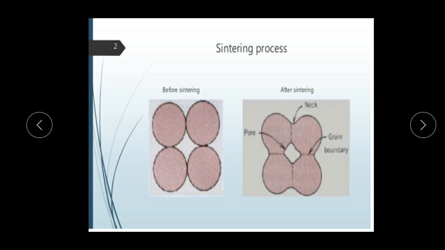In between these four atoms, at the middle, this point of contact is called a pore, and this is called a neck. In between the two lines there is a boundary line that is called a grain boundary, or GB, grain boundary lines.